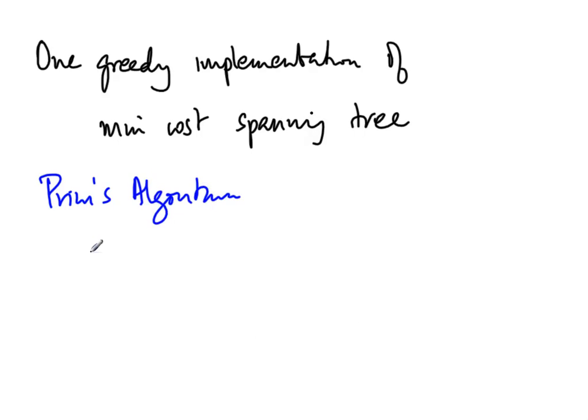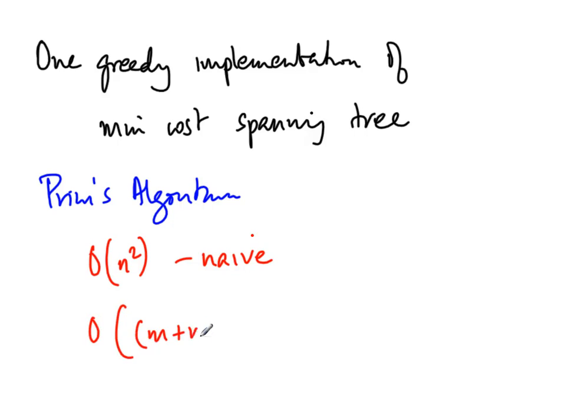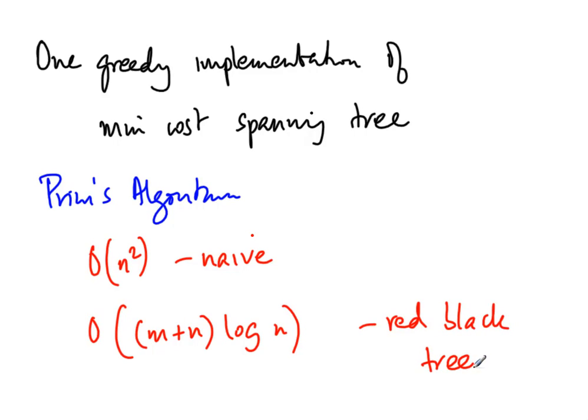The naive implementation takes O(n squared), and we can improve this to m plus n log n if we use red-black trees to keep track of this near information which is used in order to extend the tree.